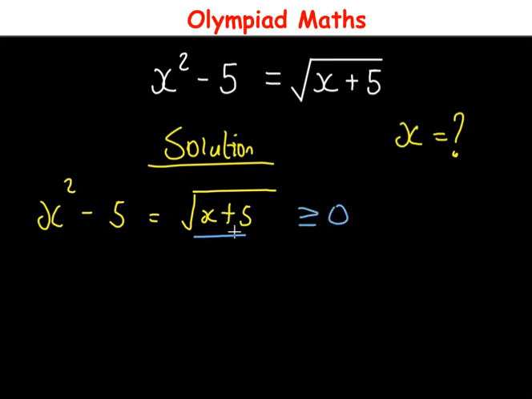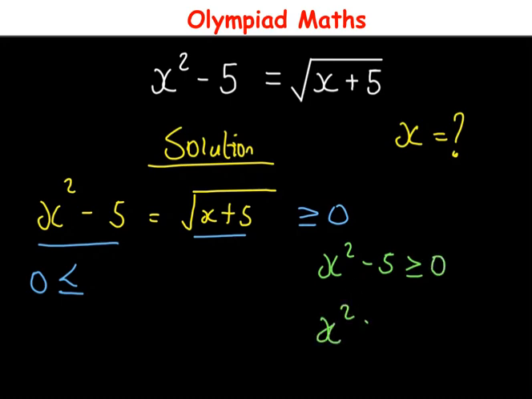And since this is greater than or equal to 0, same thing here also, x squared minus 5 will be greater than or equal to 0. From here, x squared will be greater than or equal to 5. So this is the condition we use to check for the correct answer.